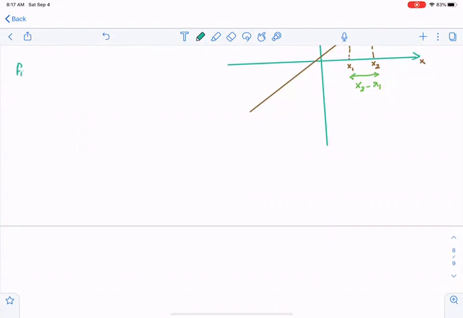So, find the slope. We have 2 points, (1, -1) and (3, 2). So I am going to call (1, -1) as x1, y1, and (3, 2) as x2, y2.